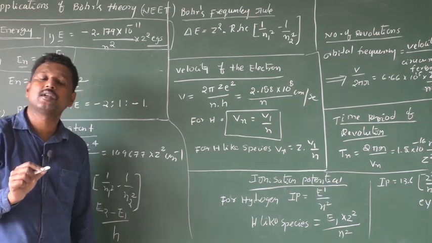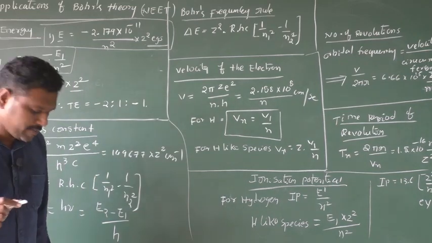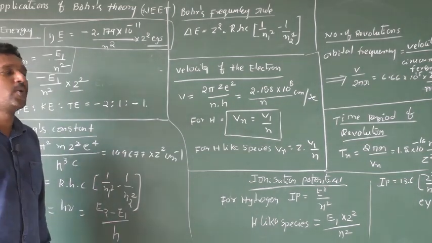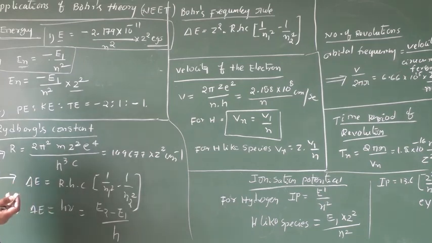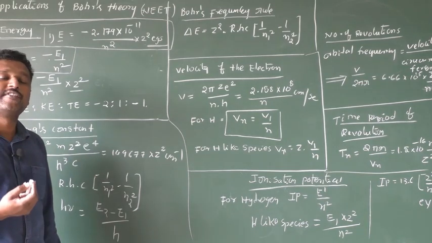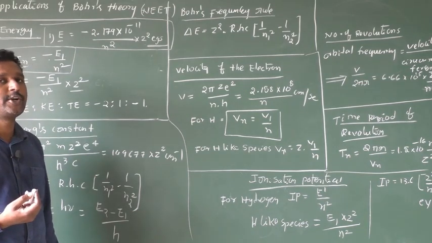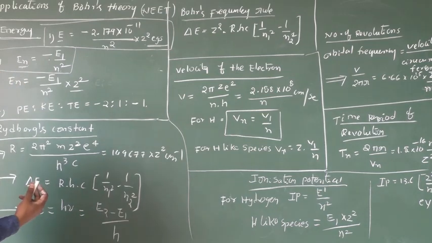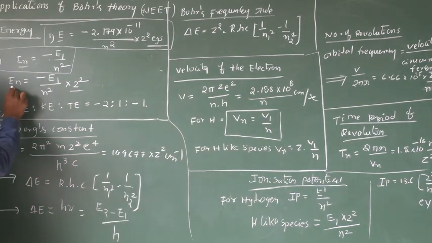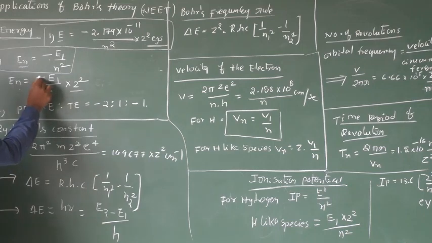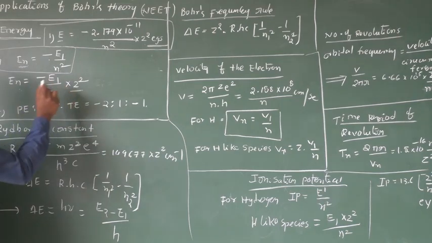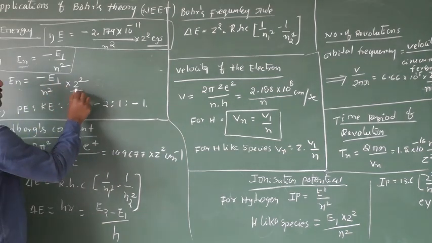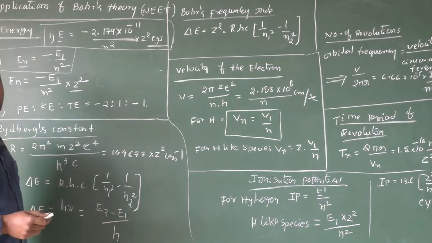For hydrogen, Z equal to 1, for helium, Z equal to 2, for lithium, Z equal to 3. Therefore, En, the energy of the nth orbit, equal to minus E1 by n square into Z square, where Z is the atomic number.